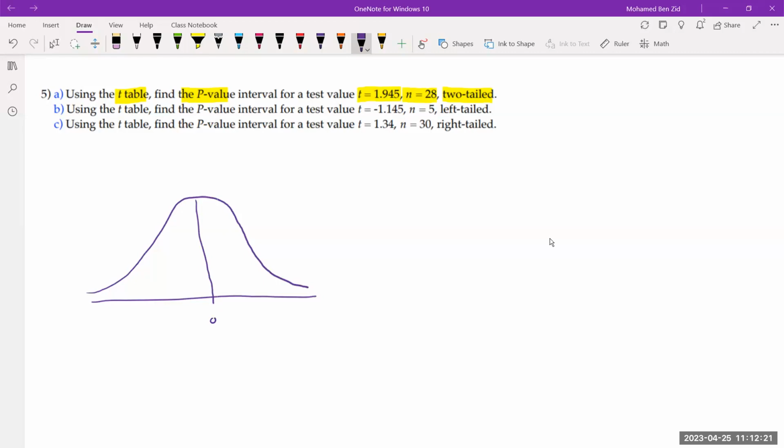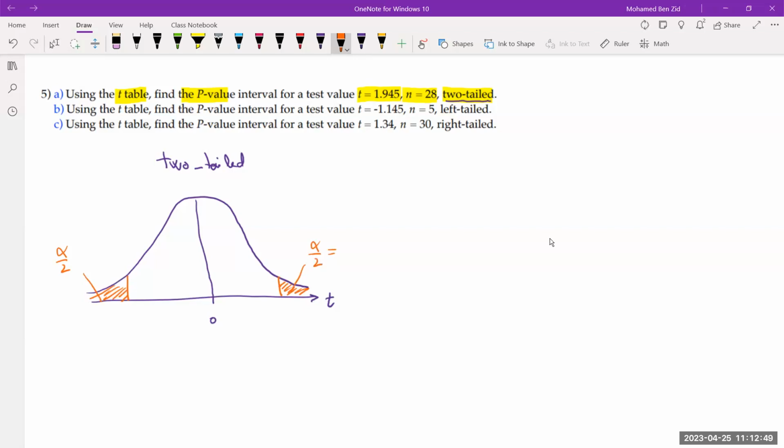So this is my t distribution, 2 tail. And this is the t-axis, right? Now, if I know is 2-tailed, it means the cutoff, they are on the right, on the left. And if they are 2 cutoffs, so this is going to be alpha over 2 here and alpha over 2.